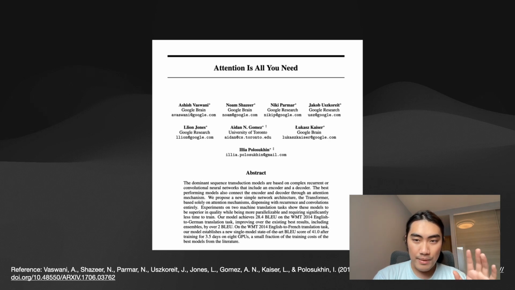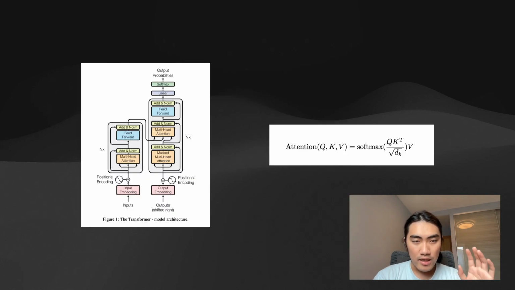In this paper, it proposes an encoder-decoder architecture, shown in the left figure. It is actually not very important, because for models like GPT or BERT, some of these models are encoder-only and some are decoder-only.